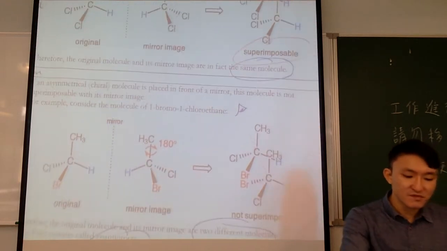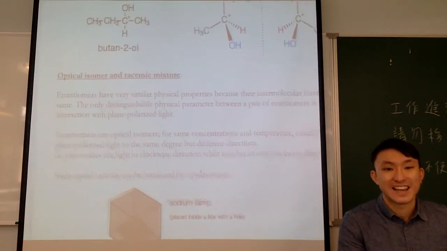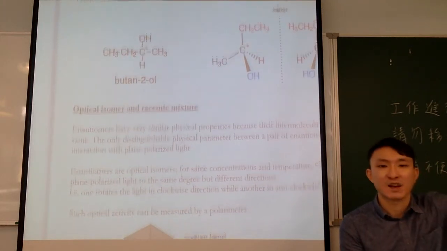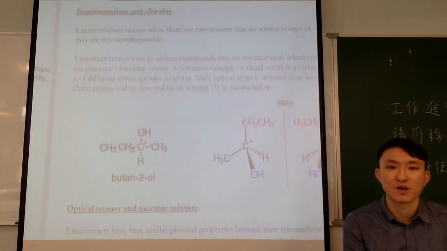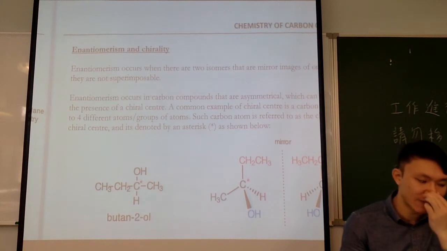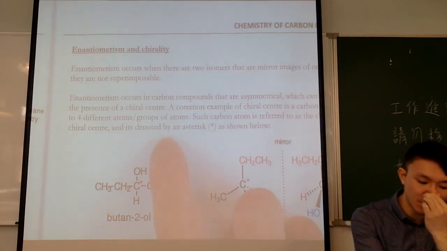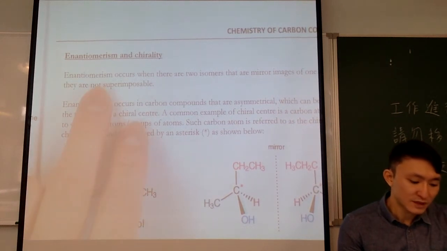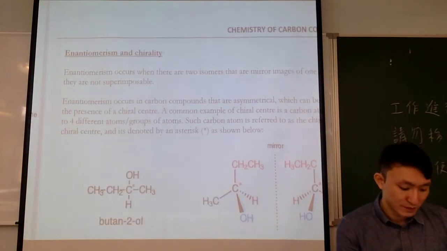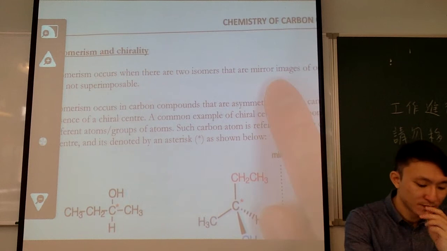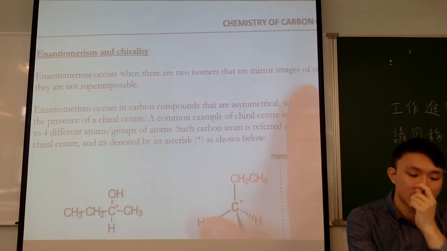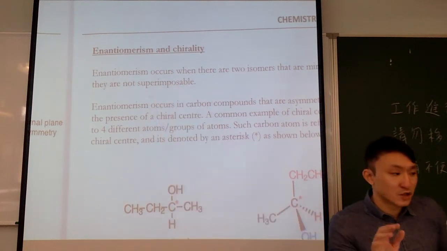Now, once you understand that enantiomerism arises from asymmetrical compounds, we can move on to talk more about the terms that we commonly use. So for enantiomerism, like I said, it occurs when the two isomers are mirror images of one another, however, they are not superimposable.